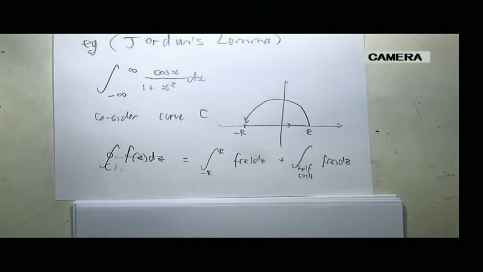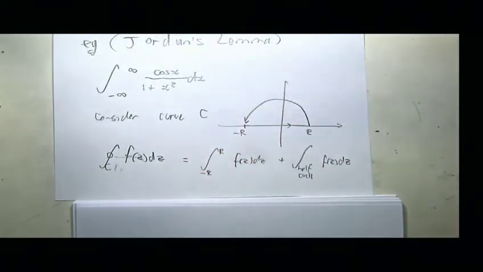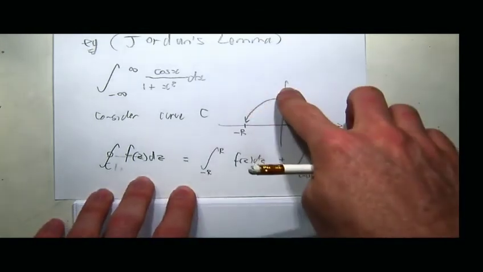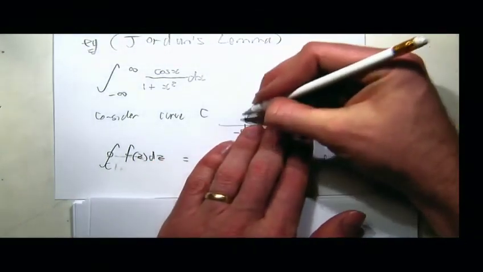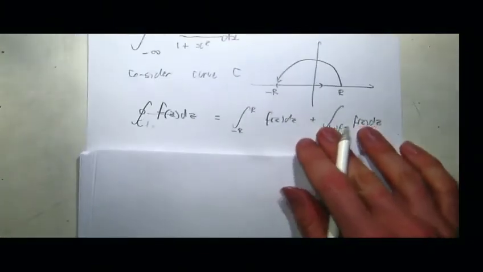There's a theorem that says what this bit is. That's what Jordan's lemma does. Cauchy's integral formula tells you what the whole loop is. Jordan's lemma tells you what just that bit is.